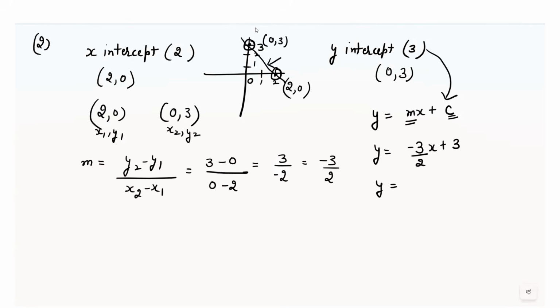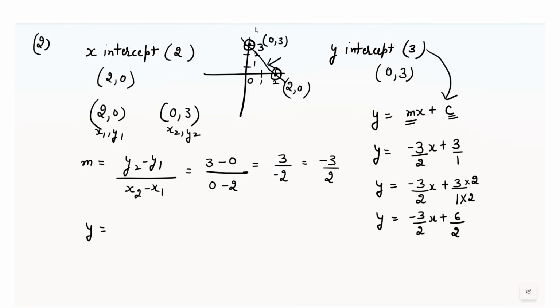Now we have to find the LCM again. The LCM of 2 and 1 is 2. The first one is already 2, and the second one we have to multiply by 2. So y is equal to minus 3 over 2 x plus 6 over 2.